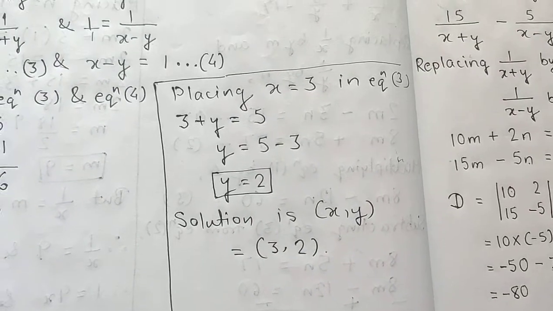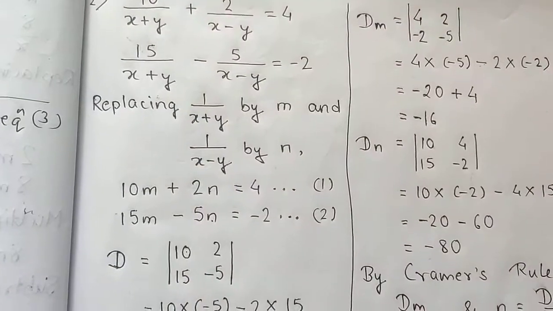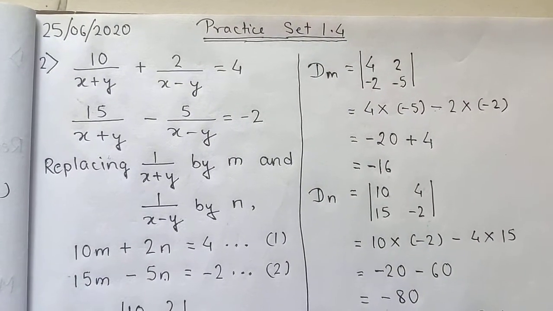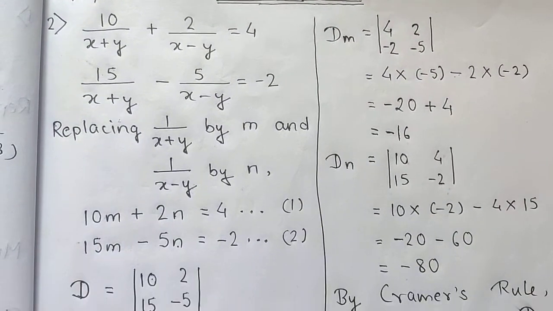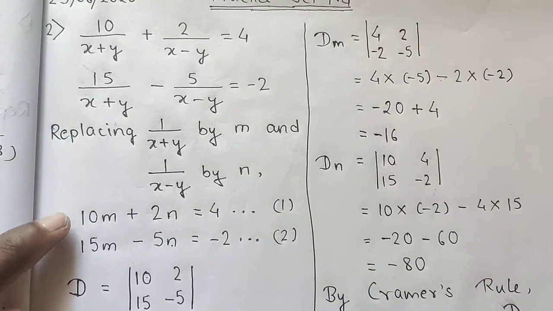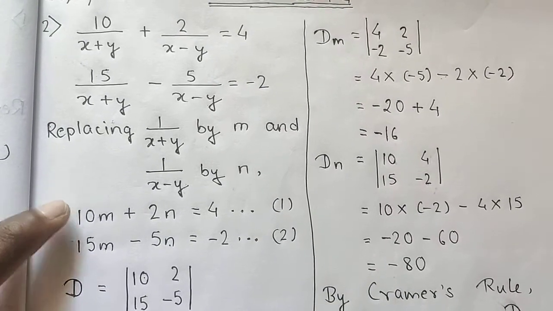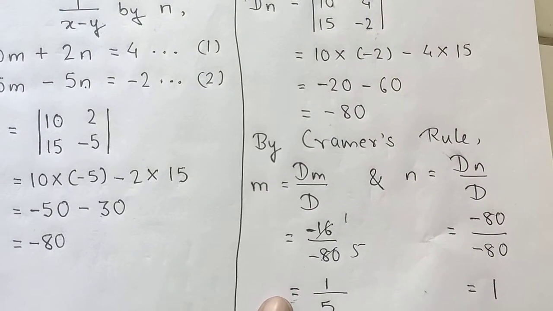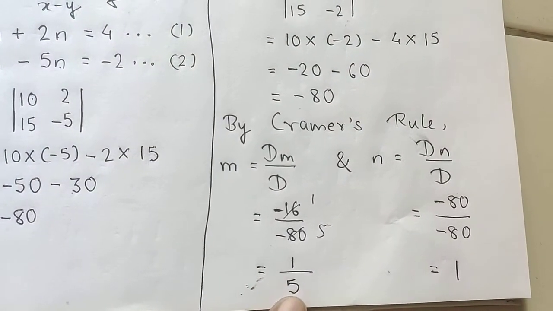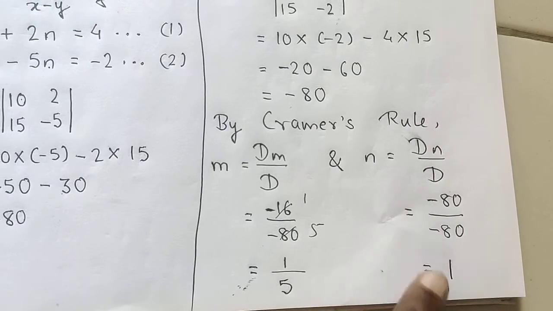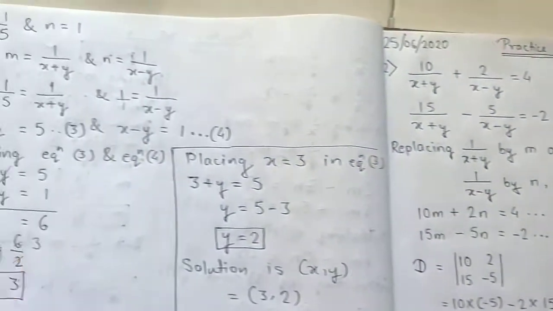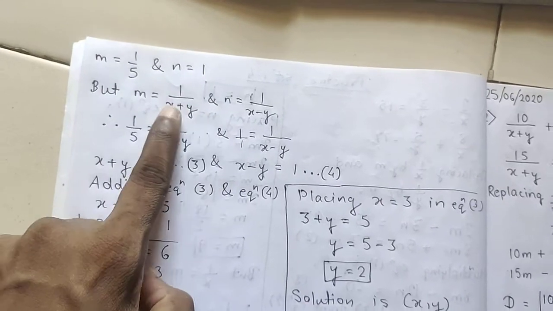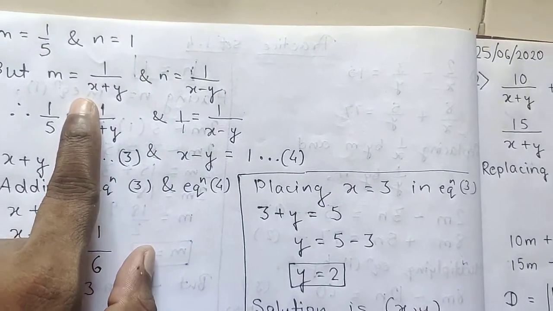Okay, so basically what we did, we first replaced 1 upon x plus y and 1 upon x minus y by m and n. Then we got two new equations, and we solved these two equations by Cramer's rule. After solving we got the value of m as 1 upon 5 and the value of n as 1. Then we replaced m and n by their original values, that is 1 upon x plus y and 1 upon x minus y.